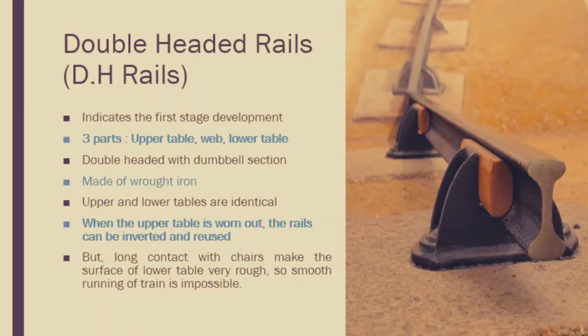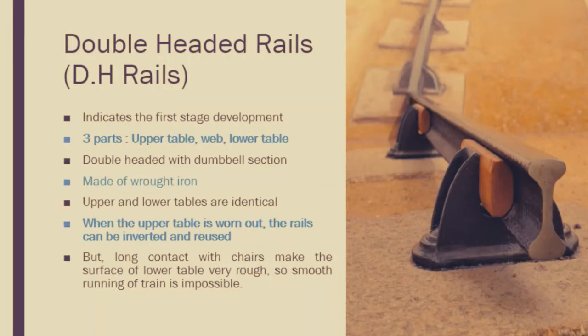This assumption was widely accepted in the olden days, but later they realized that it won't work, because long contact with chairs made the surface of the lower table very rough. So smooth running of trains became impossible. Due to that disadvantage, the D.H rails were replaced by the bull-headed rails.